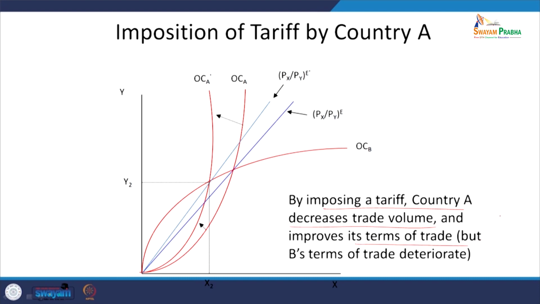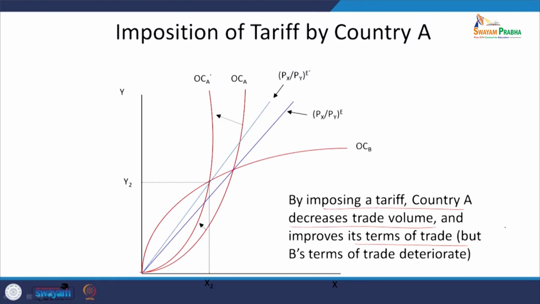Why is it so? Because by imposing a tariff, the price of that product increases, but B's terms of trade deteriorate. By imposing a tariff, a country restricts its imports, so import demand falls. When the denominator falls, the ratio increases.